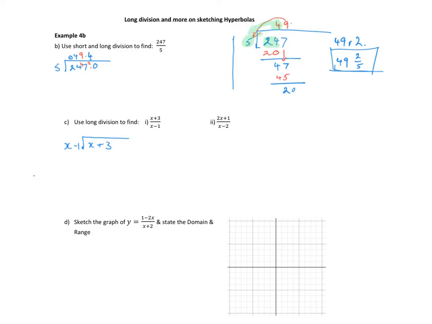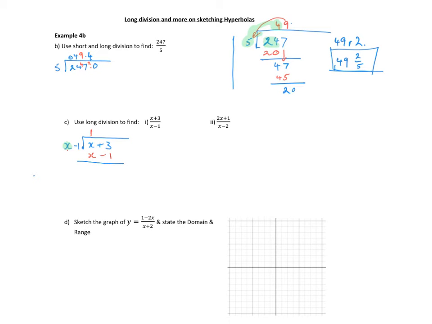So here I'm going to say, what do I multiply x by to get x? And in this case, it's just 1, isn't it? Because 1 times x is x, 1 times negative 1 is negative 1.